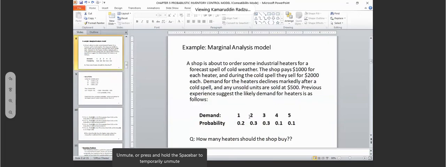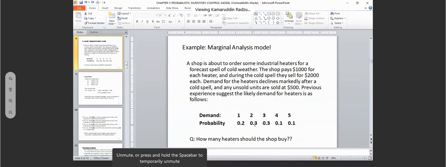Let's say the order quantity of 2 unit here. So the probability of 0.2 that is assigned to the demand of 1 unit will be excluded from the analysis, that we only consider the probability of 2 unit and more.